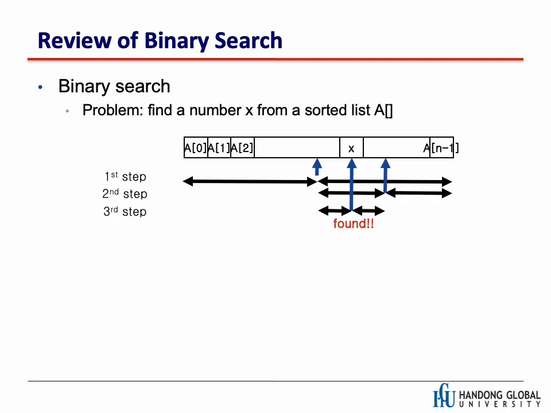If the middle element is the target number, just one comparison is enough. But in the worst case, log n is enough, right? Because every time we can ignore half of them. So log n is enough to find the target number if it is there.